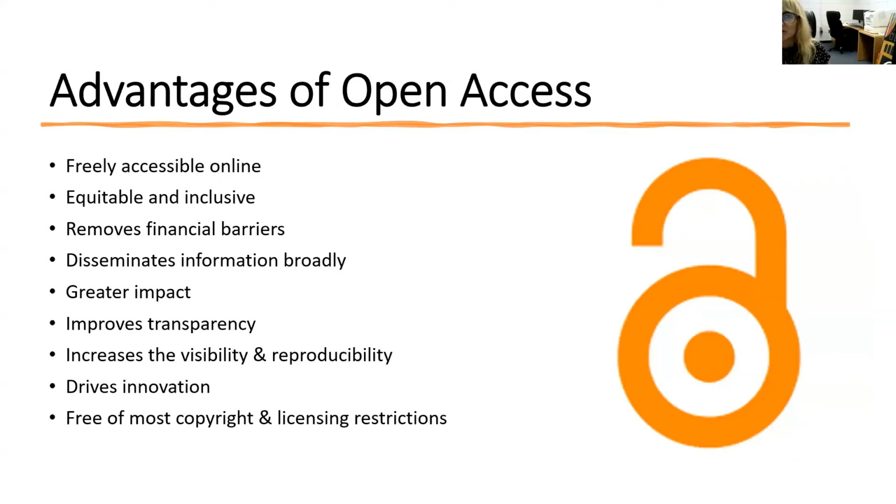This increases its equitability and inclusivity, and it removes these financial barriers for individuals, researchers, students, or people in lower income societies or countries that don't have the financial resources to pay the subscription fees for traditional, non-open access journals. Additionally, they have a greater impact as they reach a broader audience and reach an audience more quickly. And they additionally improve transparency of publicly funded research.